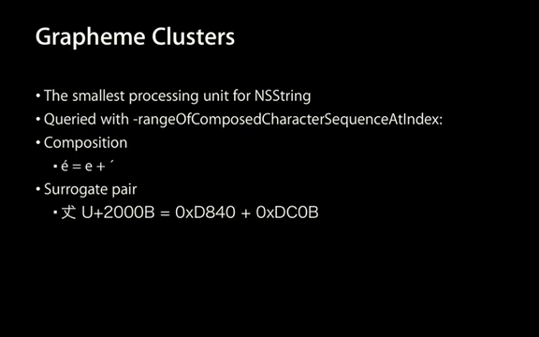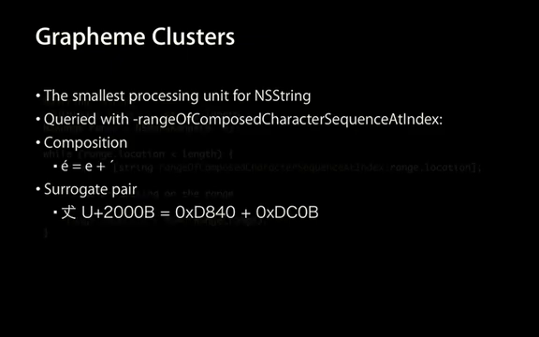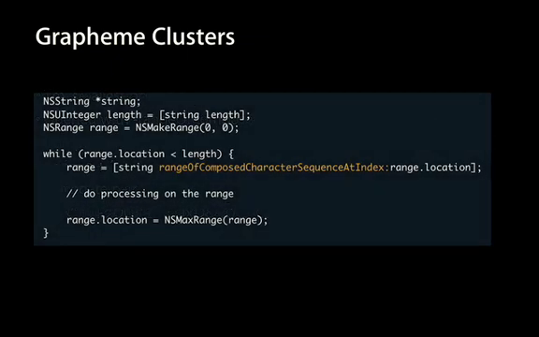Or if you stick to grapheme cluster-based processing, you can automatically support characters outside of the 16-bit range, usually represented by two Unicode characters, like this. This is the standard idiom in NSString processing: you identify the range you want to process, process the range, and go to the next range. In this case, you can use range of composed character sequence at index to identify the current grapheme cluster range.